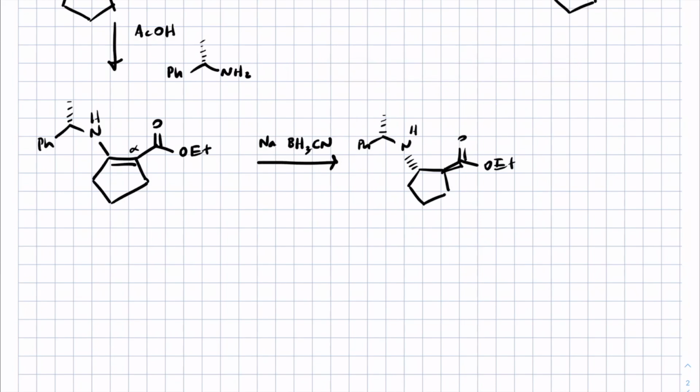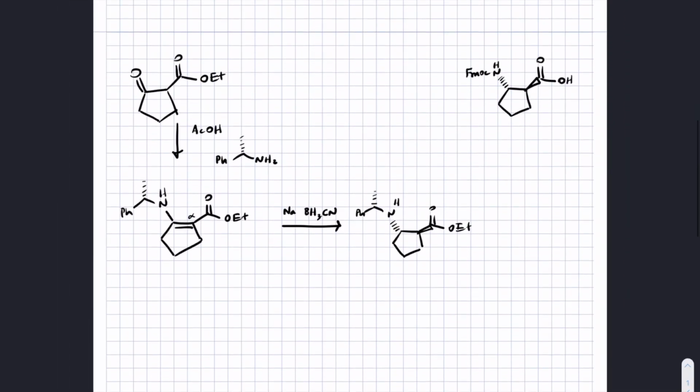And then after this stage, you removed the amino group by hydrogenolysis, you saponified the ester, and then you protected with FMOC. So, well worked out chemistry, not that hard.